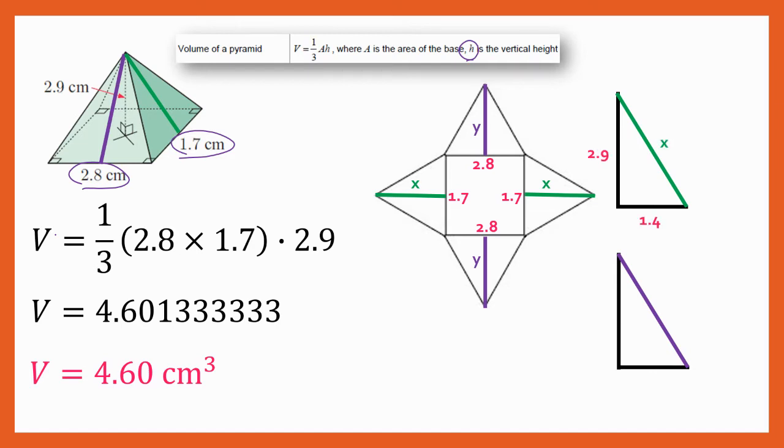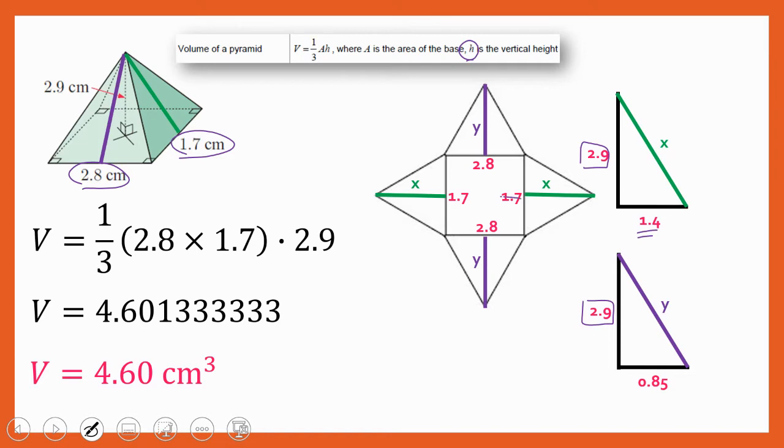So for the green, the distance, so the 2.9, that is the height of the pyramid, right? That is the vertical height of the pyramid. And that's the same for the other triangle we're going to set up here. The 2.9 is the same on both, but it's the 1.4 on the green one. The 1.4 here comes from, that is the half the distance, right? Half the distance of the 2.8.